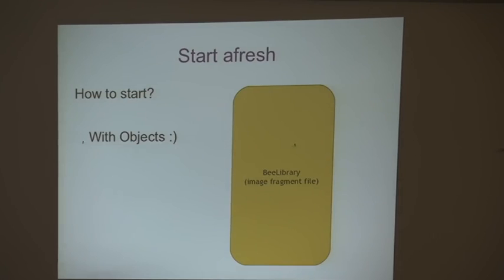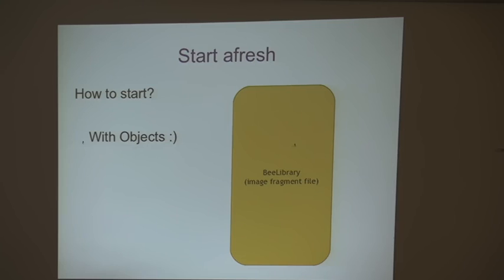We have this B library. B is the name of the Smalltalk we are building. So we have this B library, which is a fragment of the image in a file.